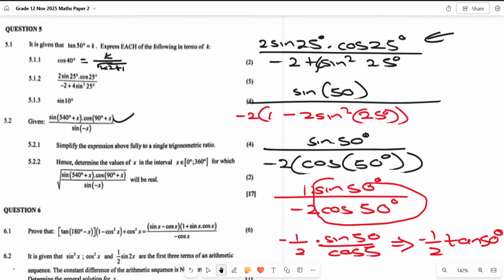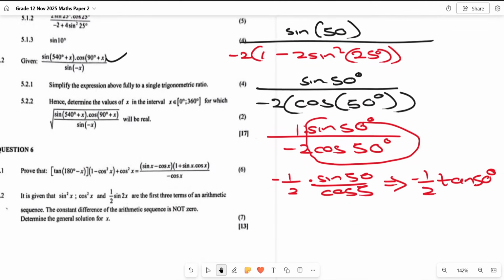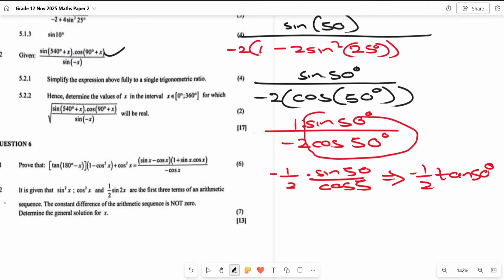Tan 50 degrees was equal to k. So since our tan 50 degrees is equal to k, that means that this entire expression is going to be equal to minus 1 over 2, and instead of writing tan 50 degrees, we say k. So minus 1 over 2k. And that is going to be your answer for that portion.